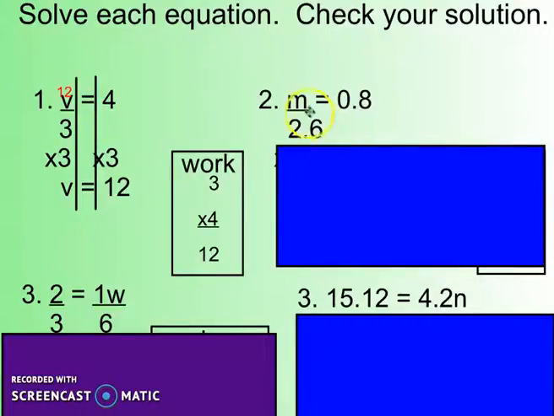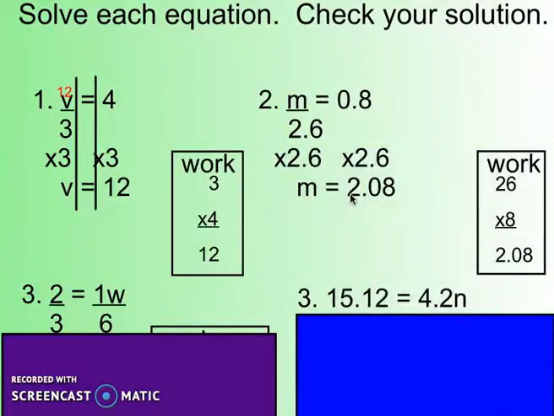I have m divided by 2.6 is equal to 0.8. And so when I am solving this, remember I'm doing the inverse, I'm doing the opposite. And so what happens is I need to multiply both sides by 2.6.